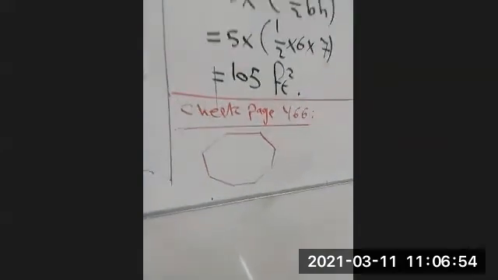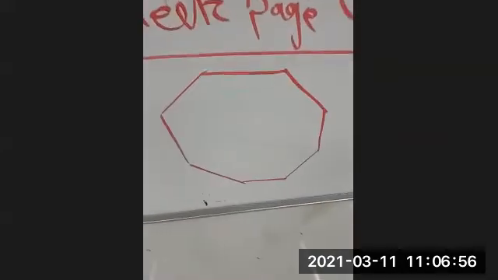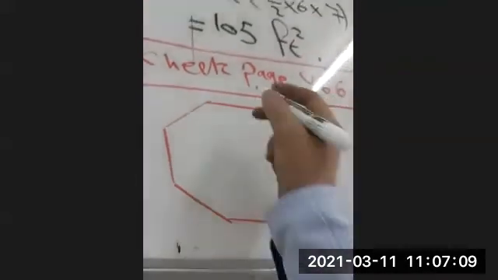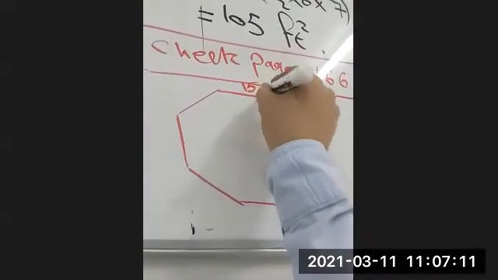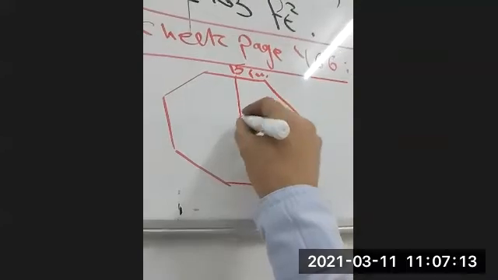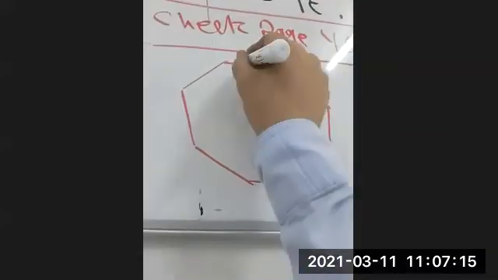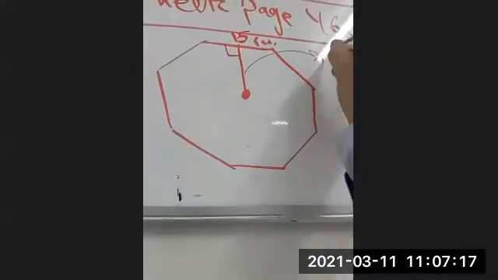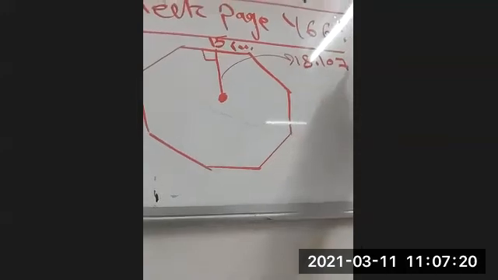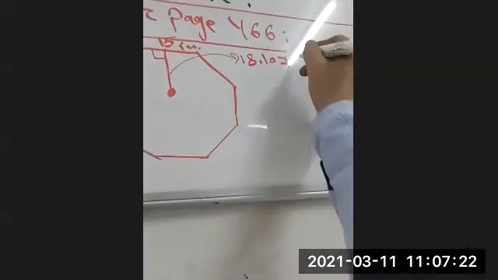This is the octagon which is graphed in your book. The height is given and the base is given, right? What is the base? The base is 15 inches. Good. What is the height? 18.107 inches. Good.